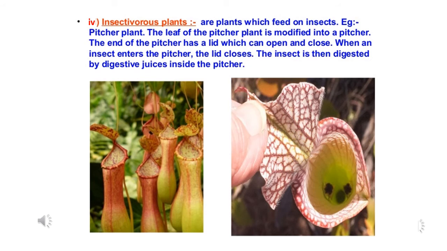So the insect is digested by the digestive juices inside the pitcher. So insectivorous plants are basically those plants which survive on insects for their nourishment. Now these insectivorous plants are present in places where there is less nitrogen in the soil, and for absorption of nitrogen they eat insects.